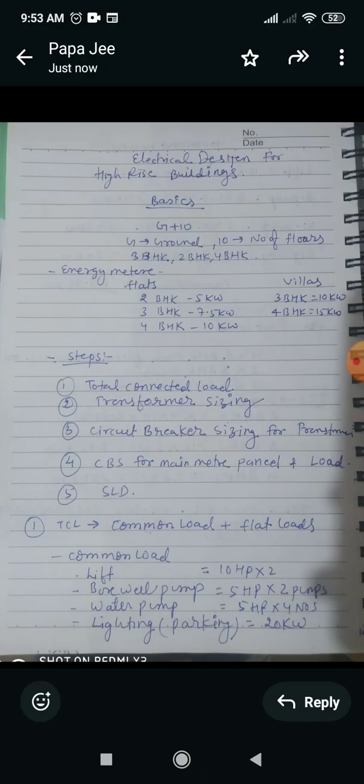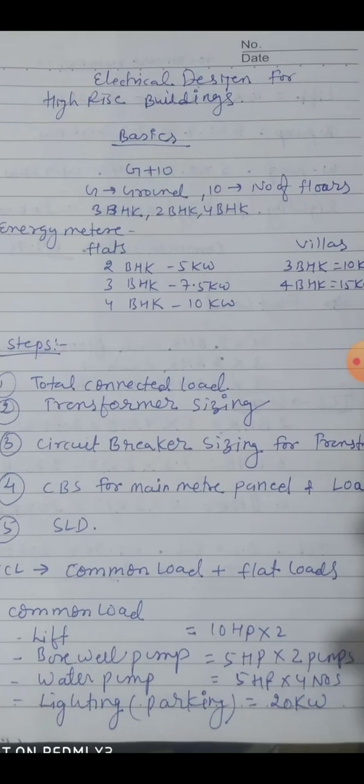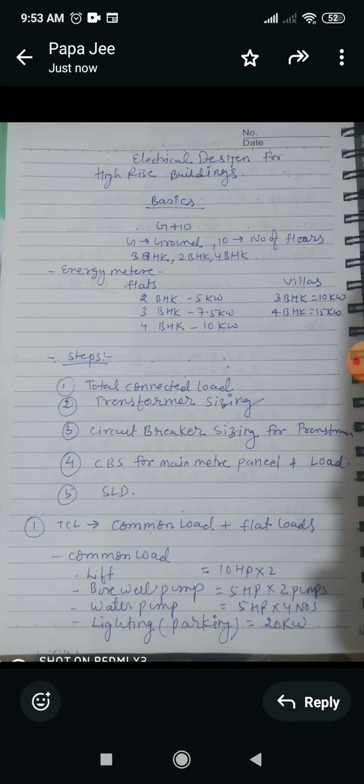So first thing is to calculate the total connected load. Then we will be able to select the transformer. Total connected load means common load and flats load. Common loads, for example, lifts.